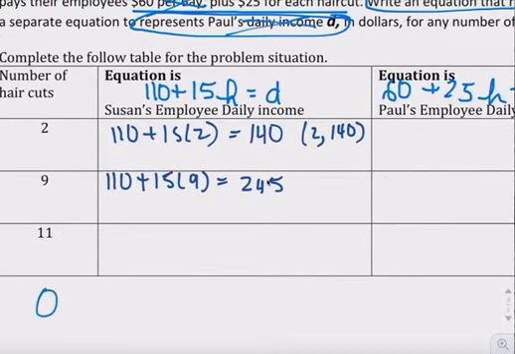Let me just use the calculator just in case I am incorrect. 110 plus 15 times 9, 245. So 9 and 245. 110 plus 15 times 11. Okay. 110... 275.